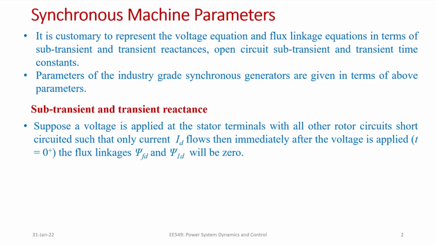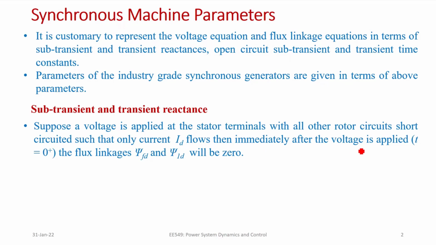I told that in order to find the subtransient reactance, let us assume a voltage is applied at the stator terminal with all other rotor circuits short-circuited. So at the stator terminal we are applying a voltage such that the current ID flows.